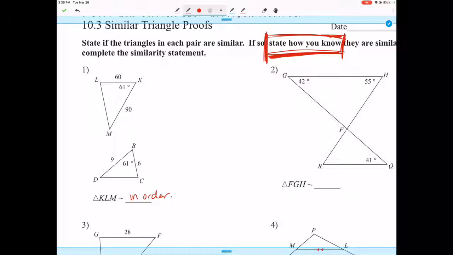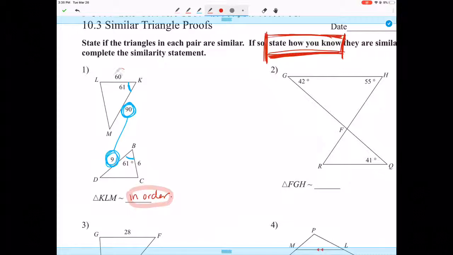So, for example, they give us an angle. Those are congruent angles. And they give you two sides. So which side corresponds to which side? I always like to choose the smallest or largest and correspond it to the largest for the other triangle. And then you could do the same for this one. The smallest corresponds to the smallest.